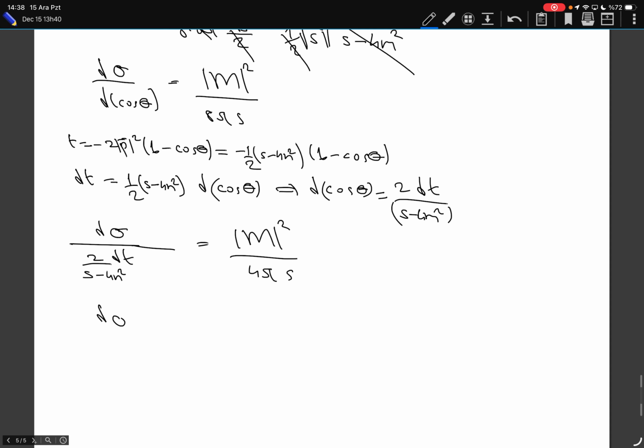So d sigma over dt is s minus 4m squared divided by 2 pi s.